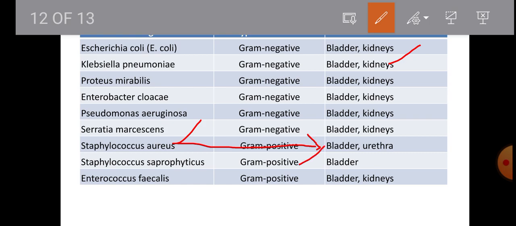So the infection differs. It depends on the type of the organism causing UTI. But to prevent complications, it is very essential for the person to go and consult with the physician during the early stage of infection.